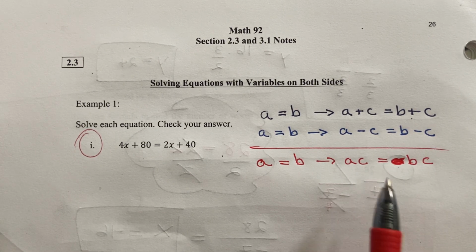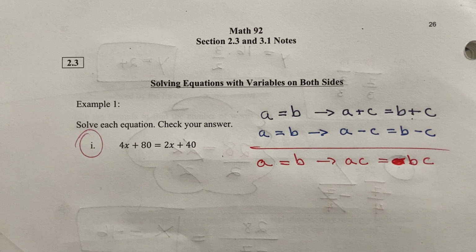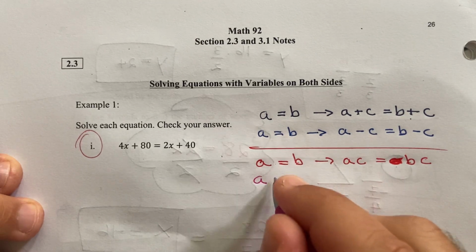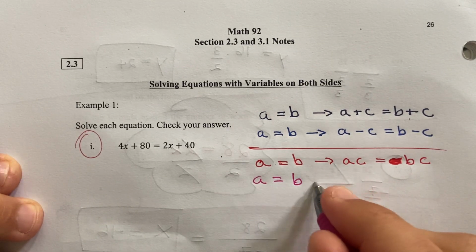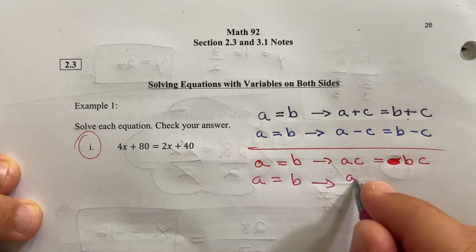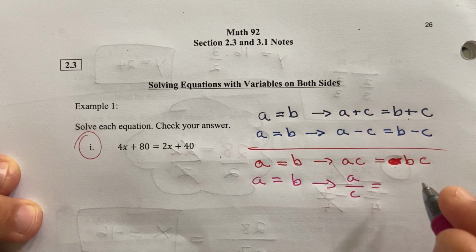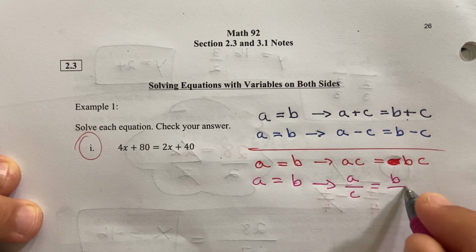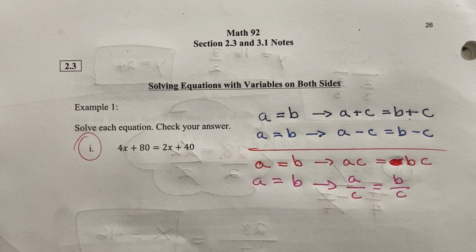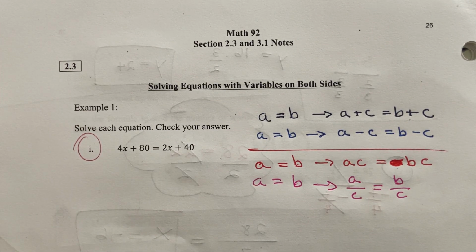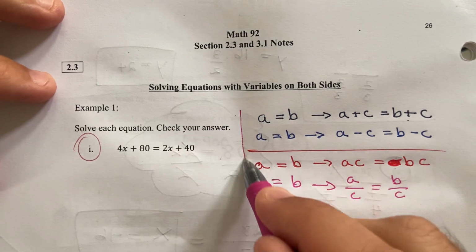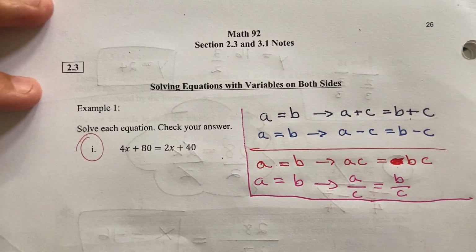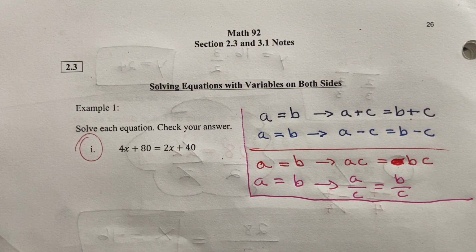The C can't be zero. Because of that, you also kind of get the division property of equality, right? So if A equals B, then you'd be allowed to divide both by C as long as it's not zero. You can do that on both sides, and you should still have equality. So that's just a summary of the properties of equality that we've seen.